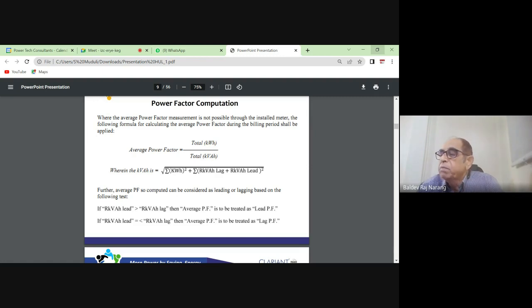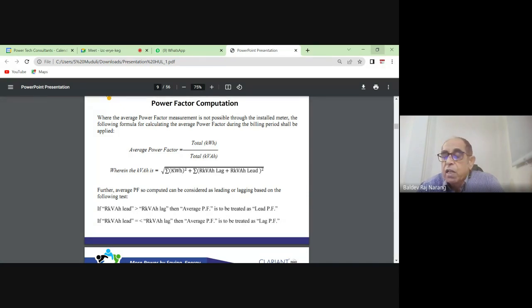Suppose 100 is the load, 100 kWh, say 100 units, and suppose you have 5 units of lag reactive power and 5 units of lead reactive power. So it becomes 5 plus 5, 10. 10 square means 100. So 100 plus this, it becomes about 10,100. And suppose your lead is not there, only lag, it was 10,000 plus 25. So it has gone up by 75 units in that way.